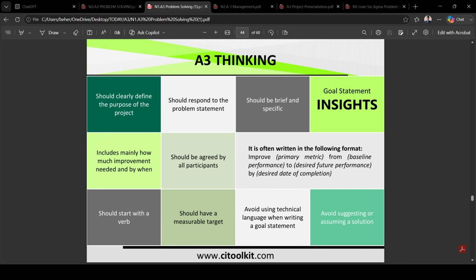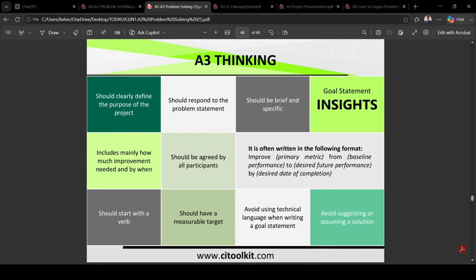Should clearly define the purpose of the project, should respond to the problem statement, should be a brief, specific goal statement itself, including mainly how much improvement is needed and by when, and should be agreed by all participants. It is often written in the following format: improve from, to, by.